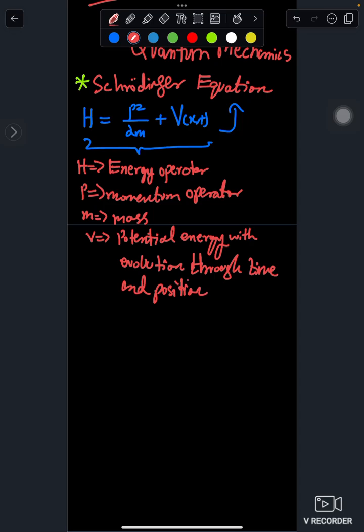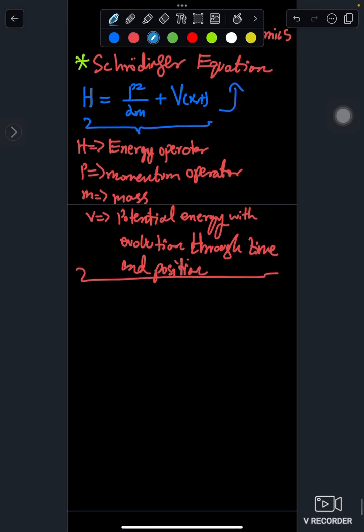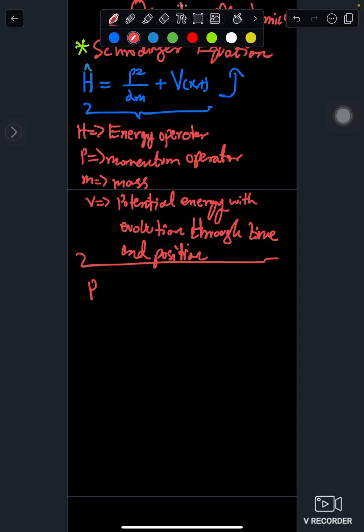So if we know about these, then we can now start making the Schrödinger equation for P equal to minus i h bar with the gradient operator, and the gradient operator here is d over dx.